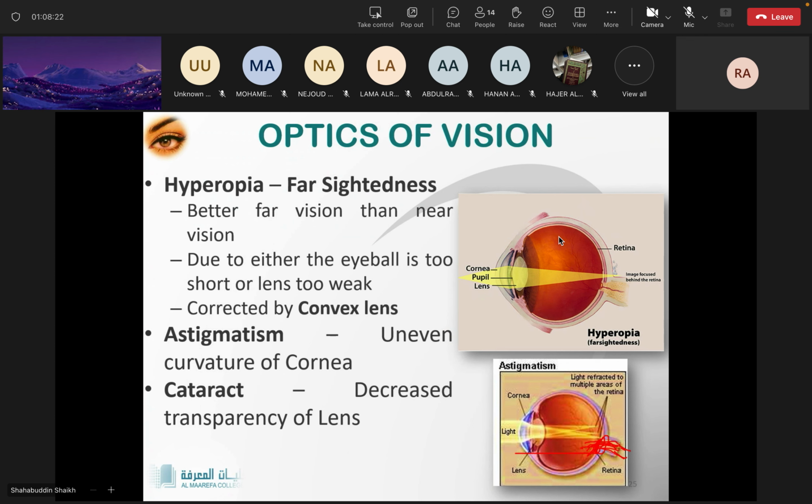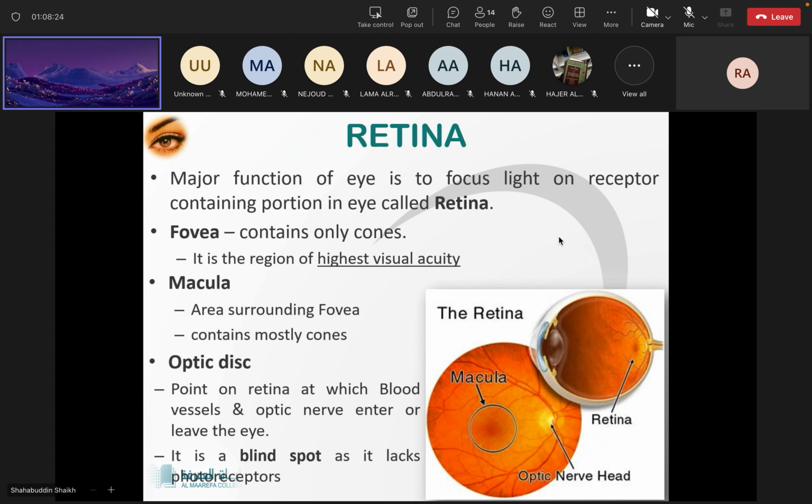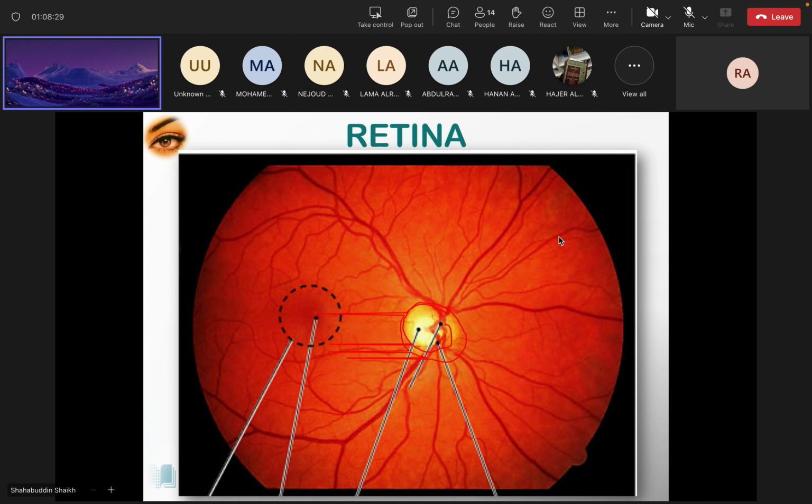The second importance is that because it is the gate, where nerves and blood vessels come in and go out, there are no receptors here. Are we clear? Does the optic disc have receptors, rods or cones? No, no receptors. So if the image of any object you are looking at falls on this optic disc, the person will not be able to see it.